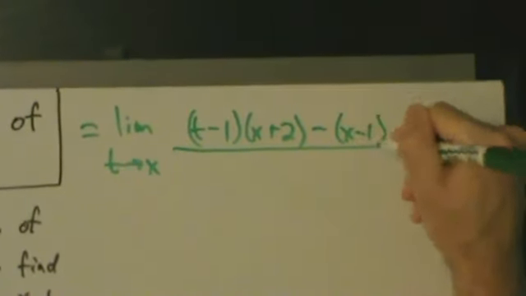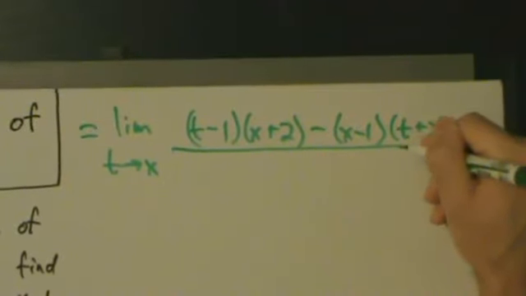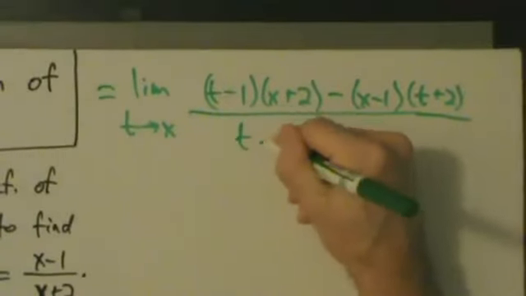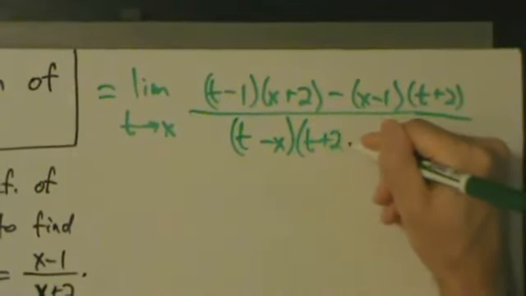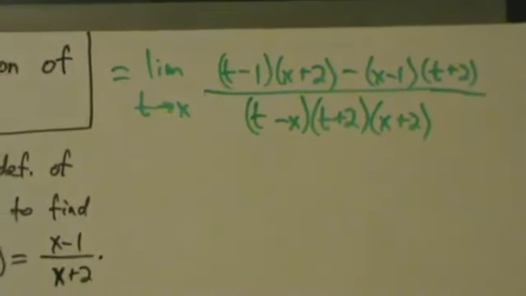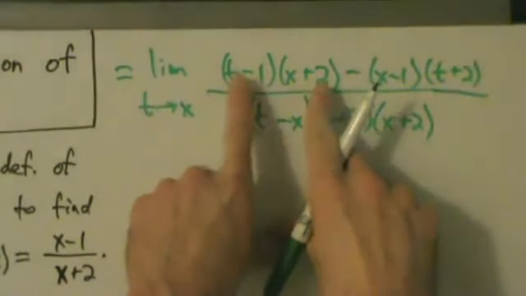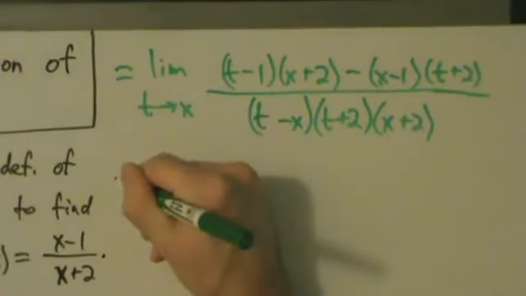And then on the bottom we still have the same stuff, (t minus x)(t plus 2)(x plus 2). Alright, so for this next step, we're going to FOIL these two guys and also these two guys here. So we have to be very careful, actually.